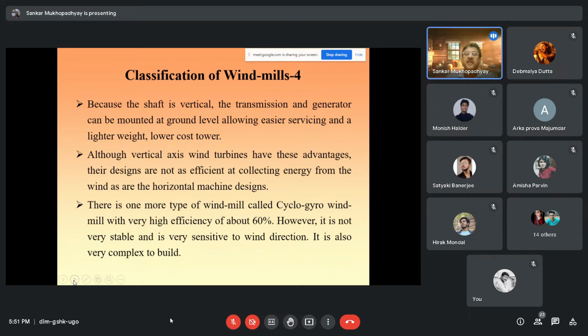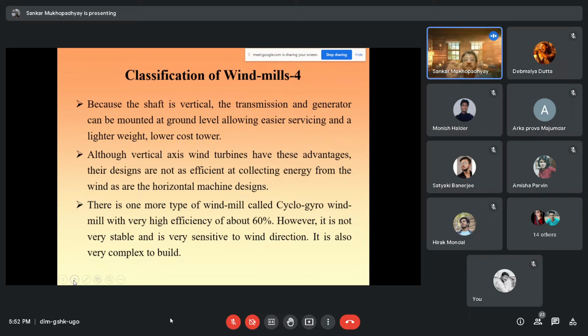You cannot make the shaft very tall, because if you put a generator along the shaft, there may be vibrations on the shaft itself. So that is the problem in vertical type turbines.